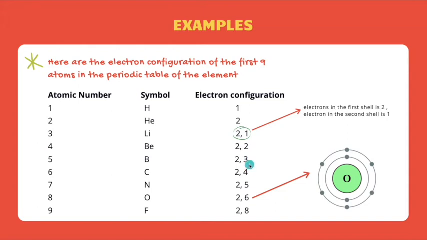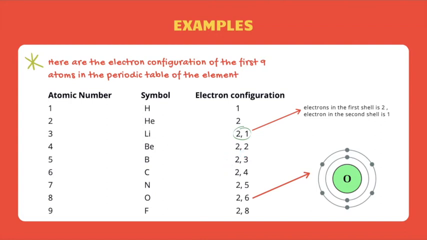The second shell gets the rest, 3. So we will have 2 and 3. The 2 is in the first shell, the 3 is in the second shell. That is the electron configuration of boron.